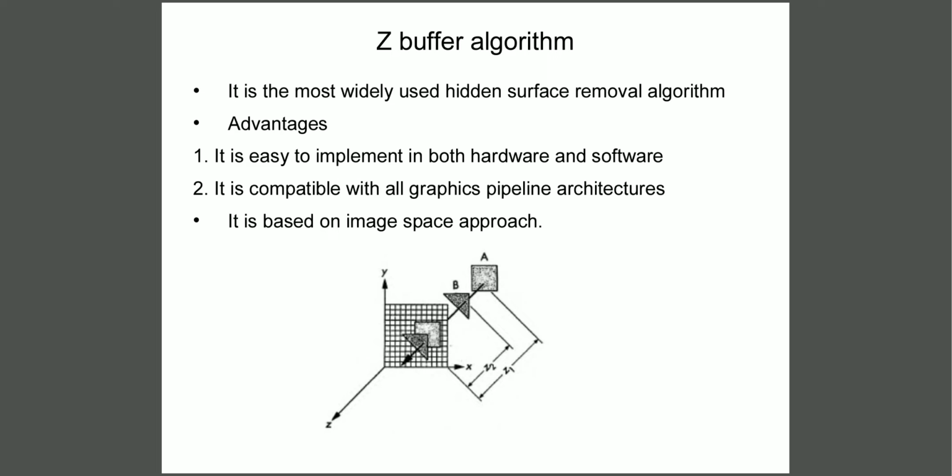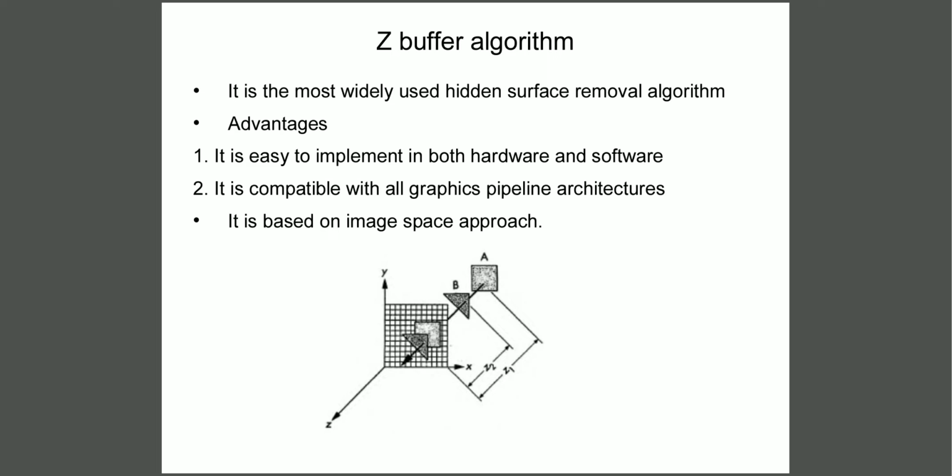Now we need to store the information regarding the triangle and rectangle in the pixels of the frame buffer. That is why we are using the Z-buffer algorithm. If we are displaying only a single polygon, then it's not required to use the Z-buffer algorithm because nothing will be hidden behind another polygon. Because we have two polygons over here, we use the Z-buffer algorithm to remove the polygon which is hidden behind.